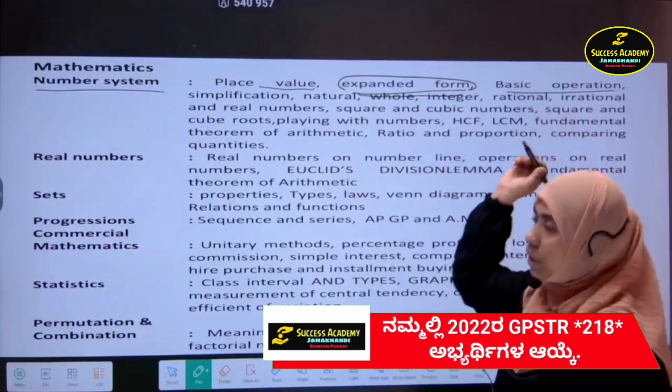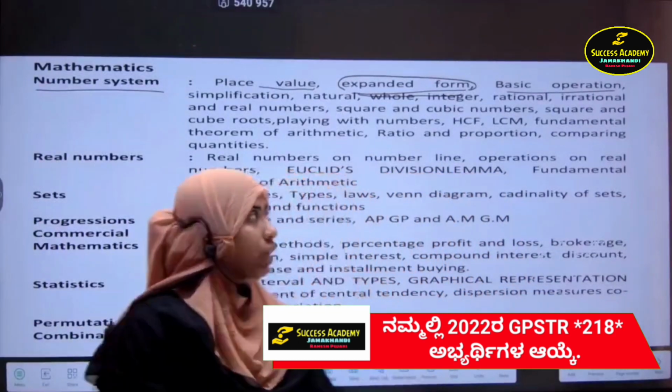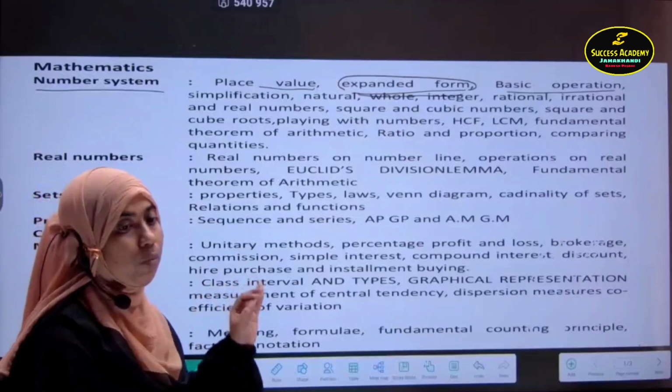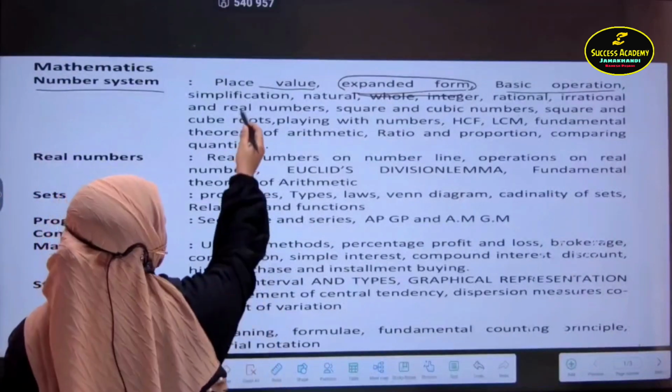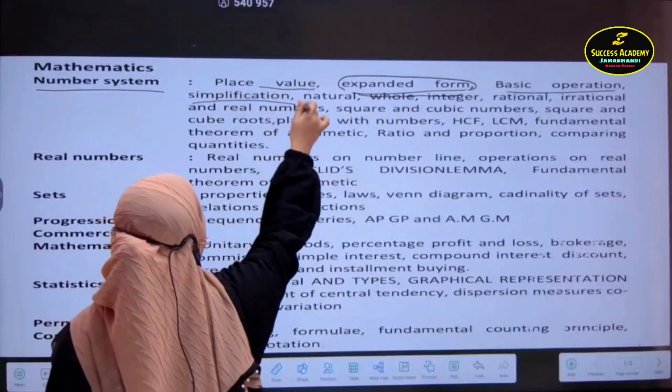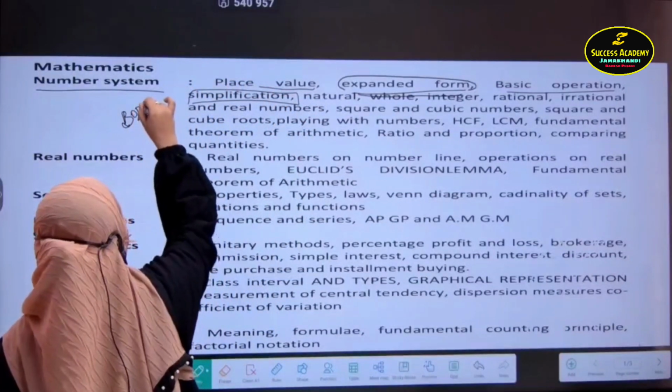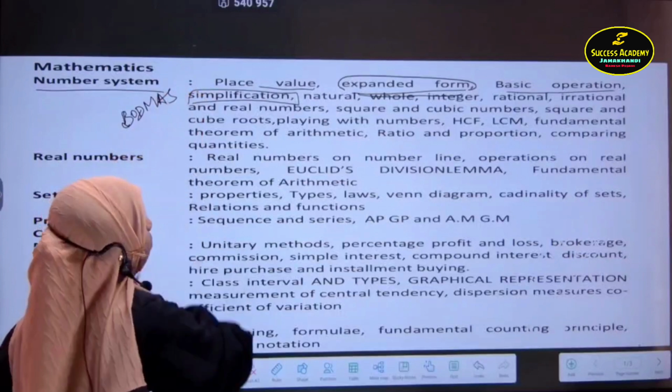Next is basic operations. What are the basic operations? Addition, subtraction, multiplication, and there will also be the use of the BODMAS rule. Simplification, no doubt, is done by using the BODMAS rule.